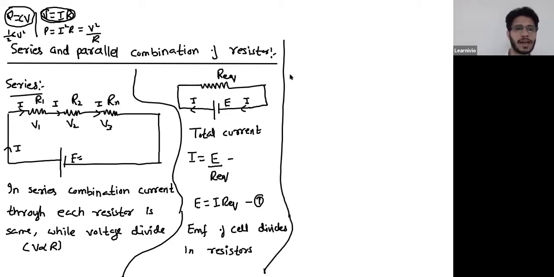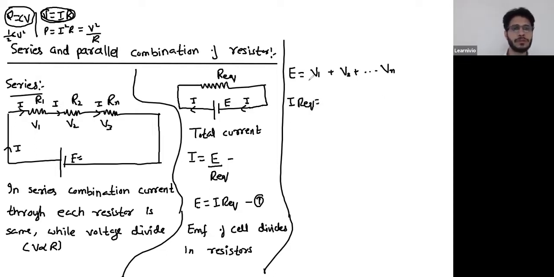So you can say that E is V1 plus V2 up to Vn. You can write E as I into R equivalent.